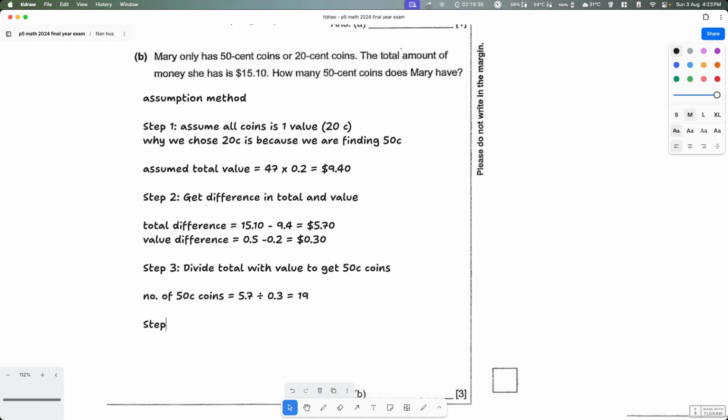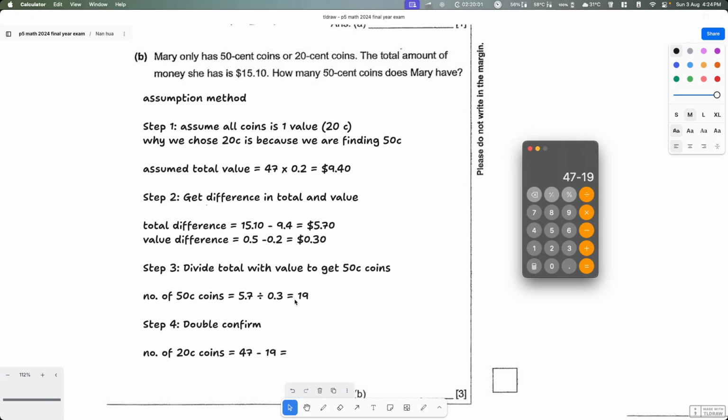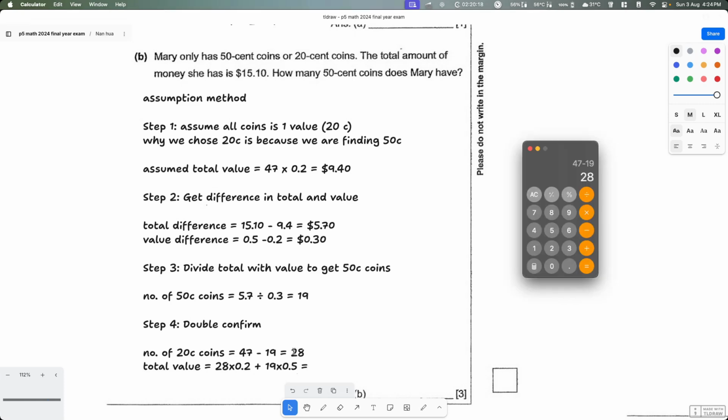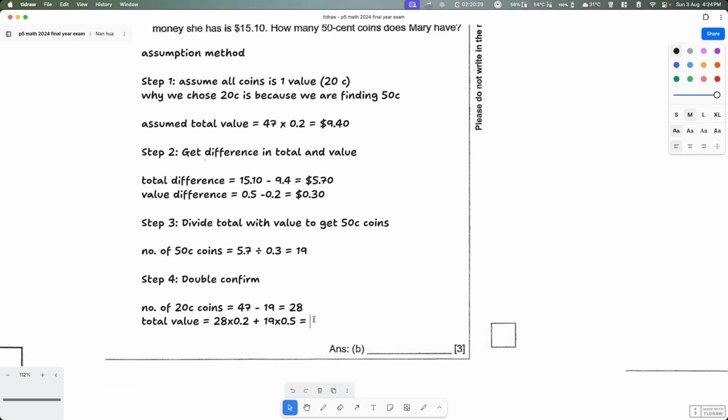So step 4 is to always double confirm. The number of 20-cent coins is 47 minus 19, which gives us 28. Total value is equal to 28 multiplied by 0.2 plus 19 times 0.5. That gives $15.10.